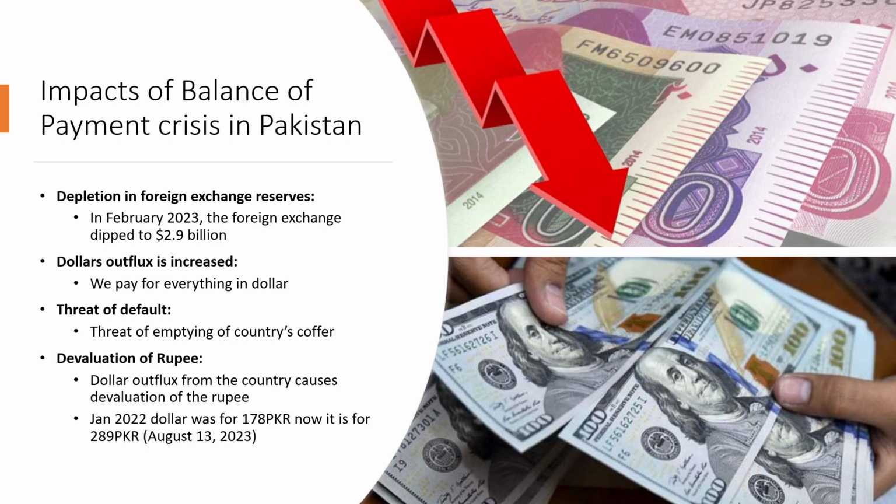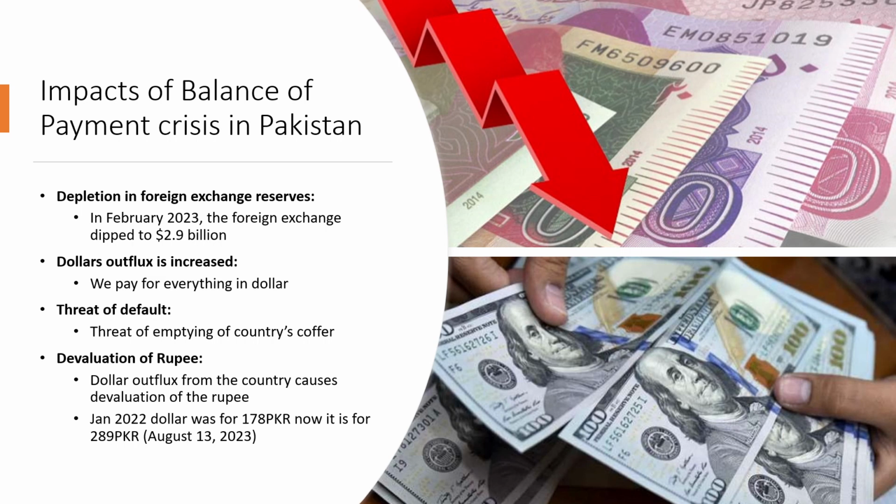Government uses these reserves to pay for the things that it is buying from other countries. So this is the immediate impact of balance of payment crisis in Pakistan. I have shared this data several times in this lecture. In February 2023, the foreign exchange reserves of Pakistan dipped to $2.9 billion only.